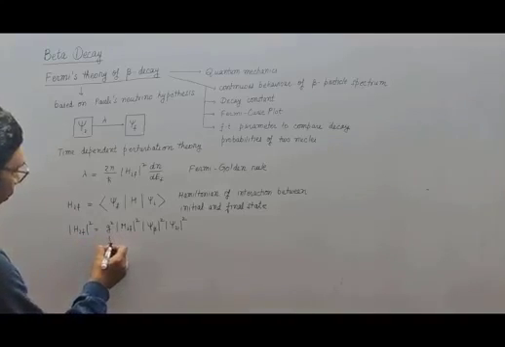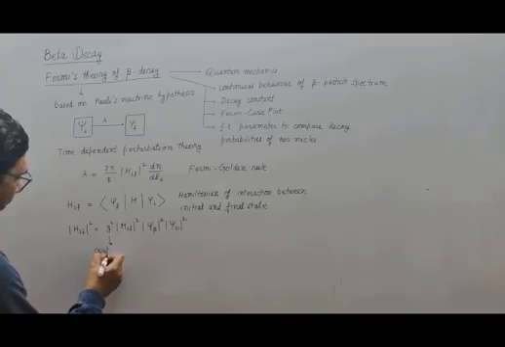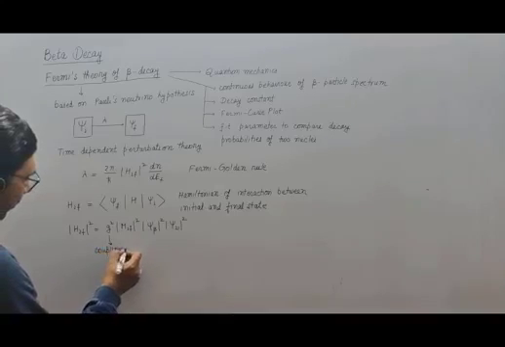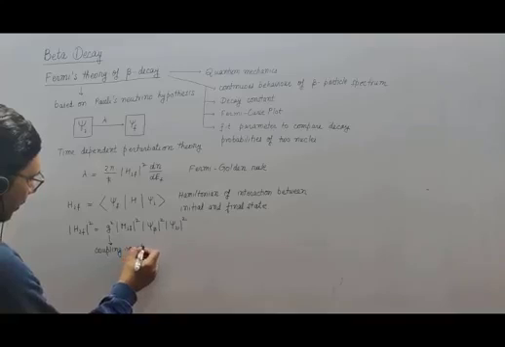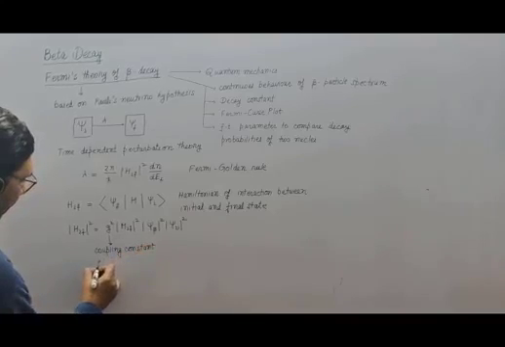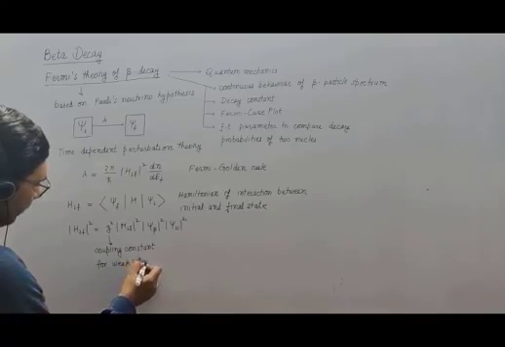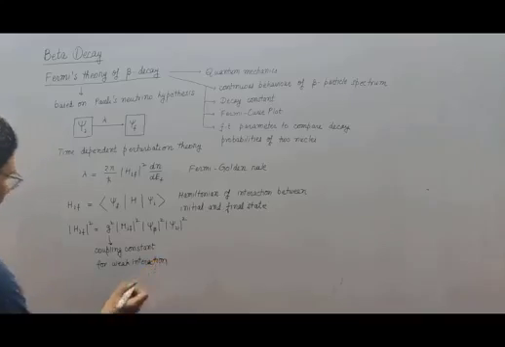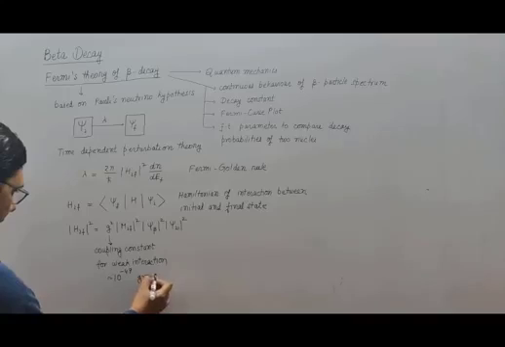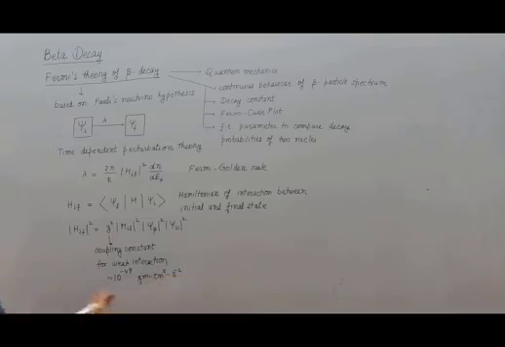The coupling constant for weak interaction has a value of nearly 10 to the power minus 49 gram centimeter to the power 5 second minus 2. So this is the value of the coupling constant for weak interaction.